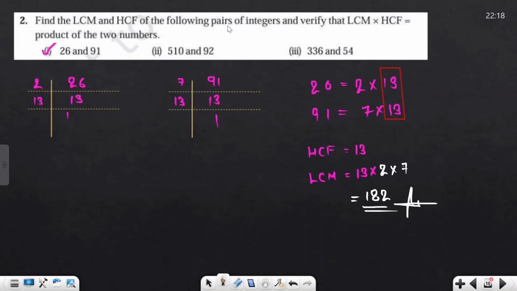Now first we need to find LCM and HCF. Next, verify. LCM into HCF is the product of 2 numbers, and we need to verify it. Is it possible or not? How do we verify it? Write the formula.